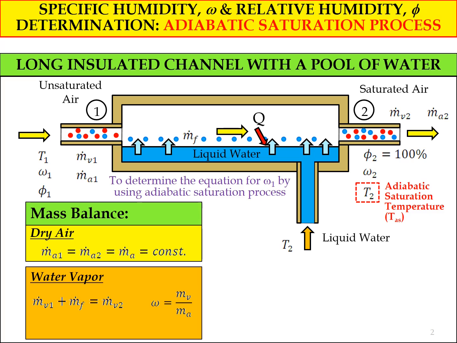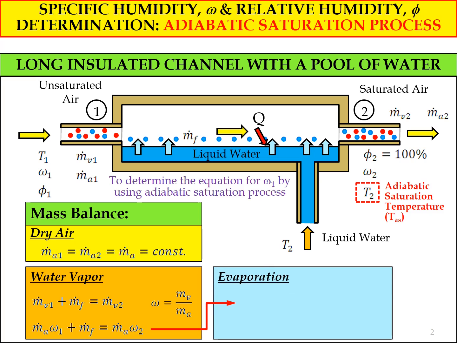Because we know that the formula for omega equals mv divided by ma, we just substitute into the mass balance equation for water vapor. So we will get ma dot multiplied by omega 1 plus mf dot equal to ma dot multiplied by omega 2.